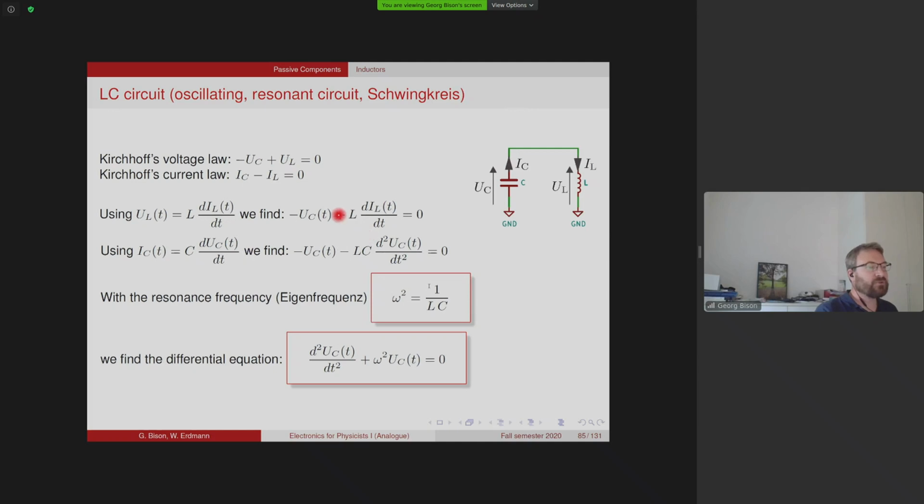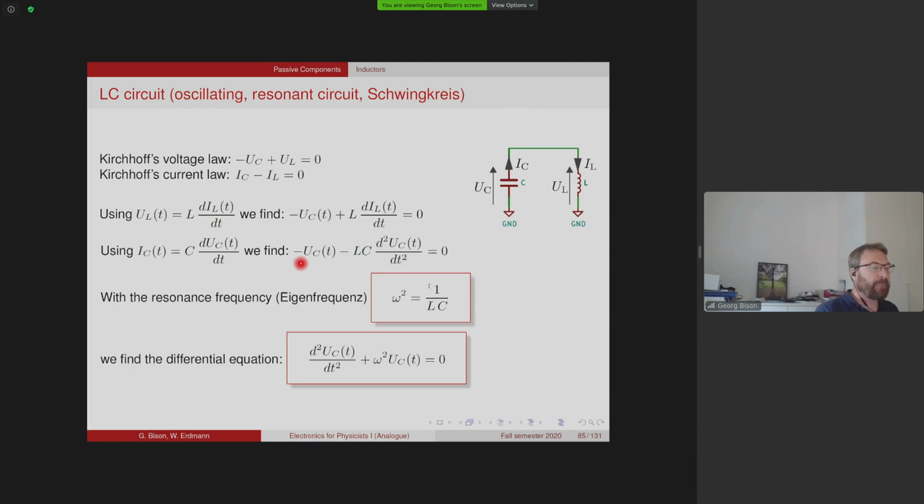So first to convert a voltage into a current, and then again to convert a current into a voltage. We get the second derivative of the voltage across the capacitor. Now we define the resonance frequency, Eigenfrequenz, as 1 over the square root of LC, and then it's easy to guess what the solution of this equation must be.